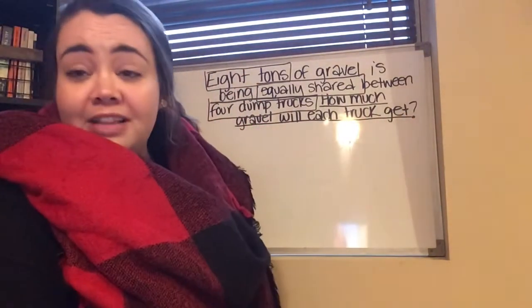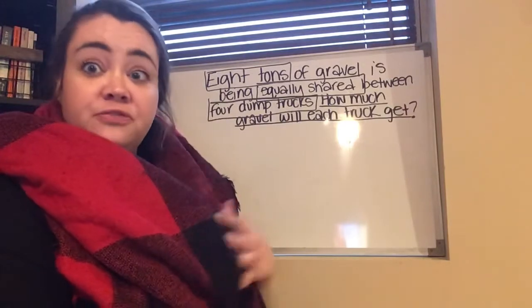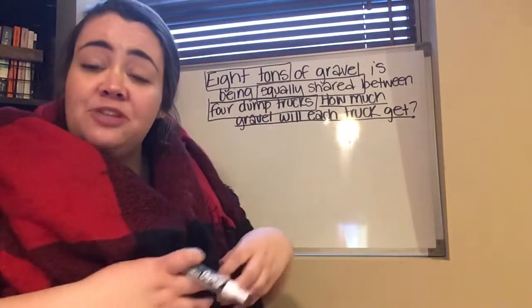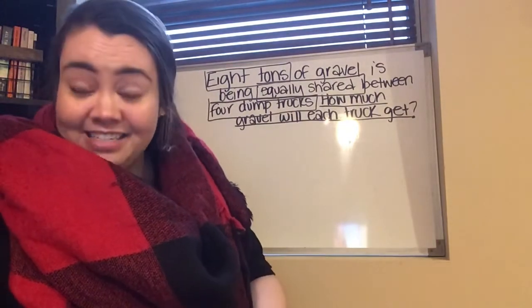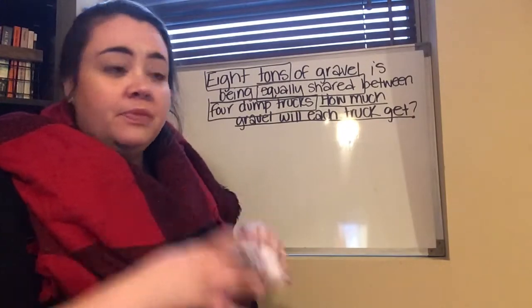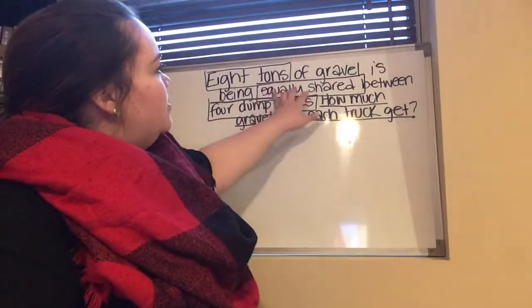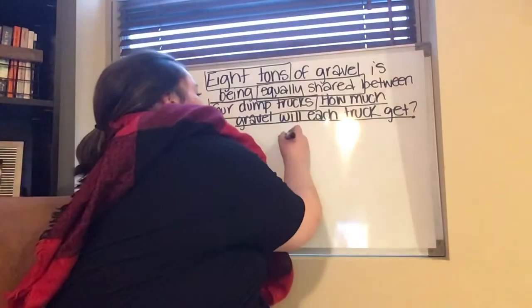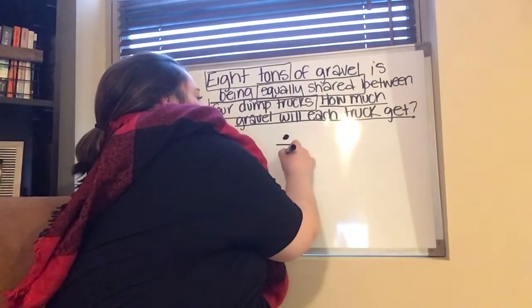Now, I boxed and underlined all of that information for a few reasons. First off, 8 tons of gravel is really important because if that's what's being shared, I know that 8 tons is my total. So something is happening with this 8 tons of gravel. Then it says that it's being equally shared. Equally shared is a really important phrase here because that tells me right away that I'm dividing.